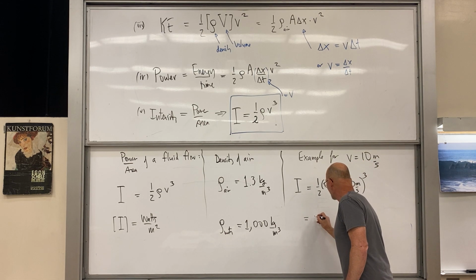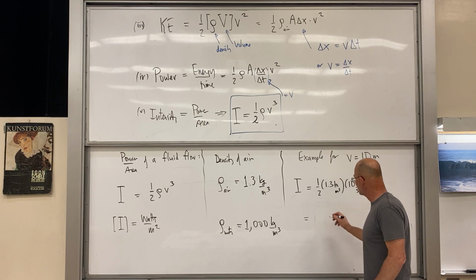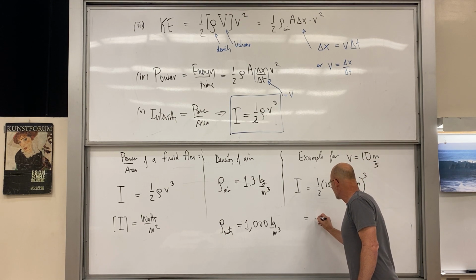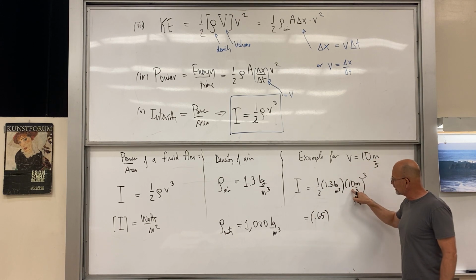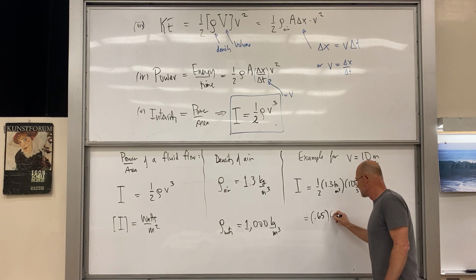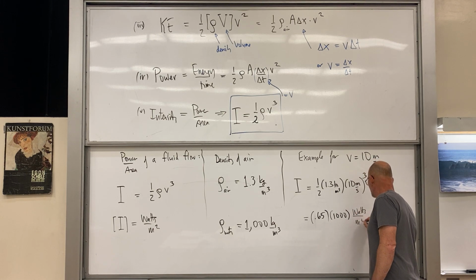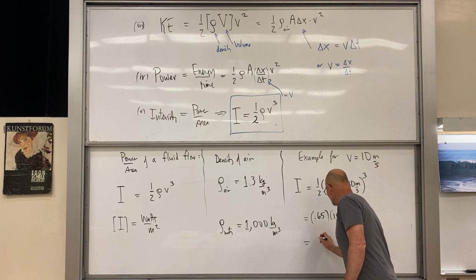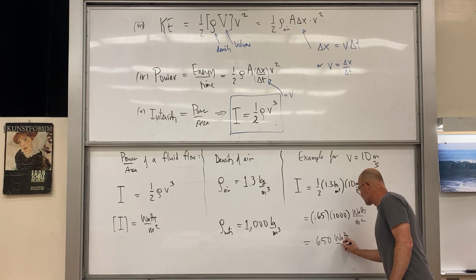So what do we have? 1/2 of 1.3, well, 1.3 divided by 2 would be 0.65. And then this is 10 cubed, which is 1,000, so 0.65 times 1,000 watts per square meter equals 650 watts per square meter.